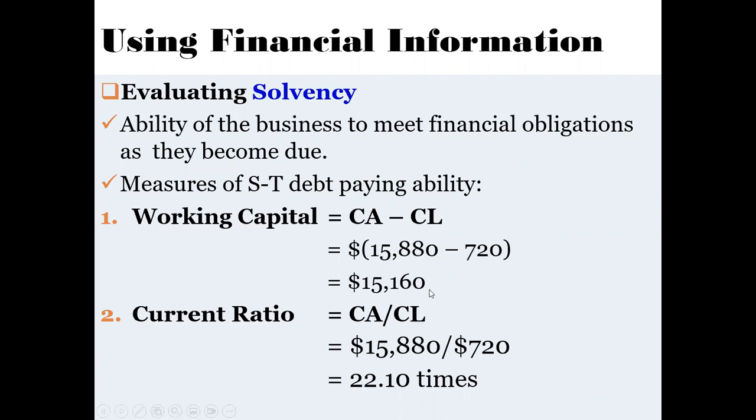Because if you look at the composition of the current assets, you remember that in amongst those current assets, we have cash of 7,750. Our current liability is just 720. So if the people we owe call upon us to pay them right now, we don't have a problem.